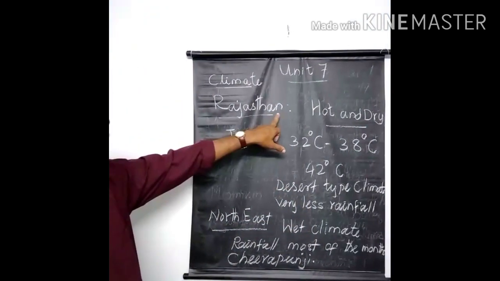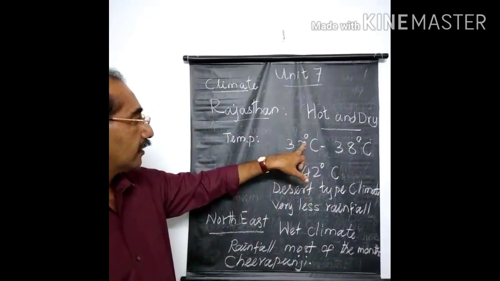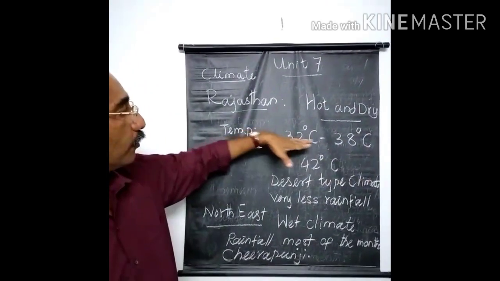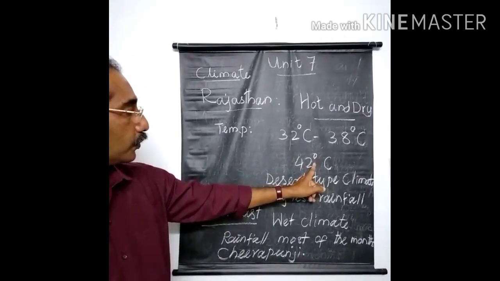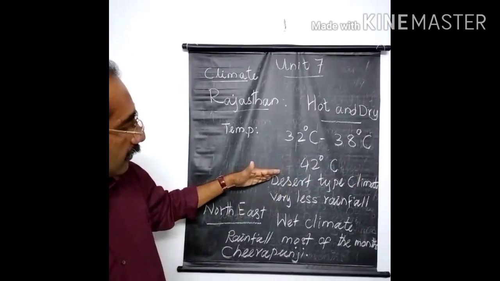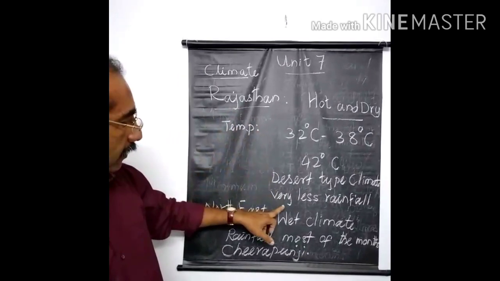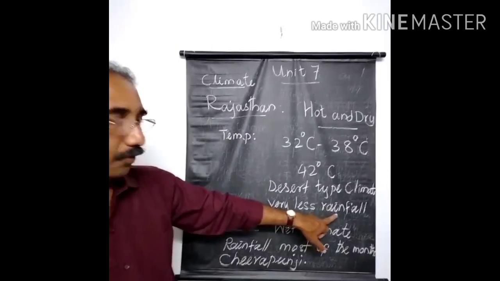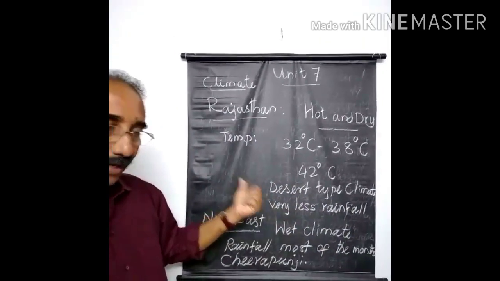See here, in Rajasthan, most of the months the temperature is 32 degrees Celsius to 38 degrees Celsius, almost every month. But in some months, the temperature can reach 42 degrees Celsius or 45 degrees Celsius. And this is a desert climate because in Rajasthan the desert is there, and it gets very little rainfall, practically no rainfall, and once in a while it receives very little rainfall.